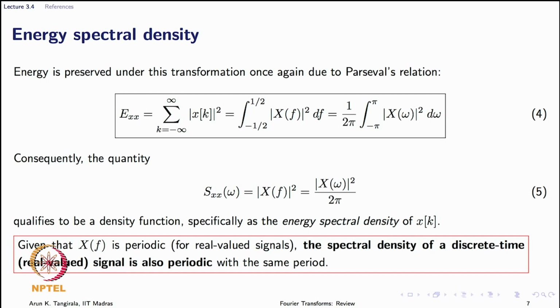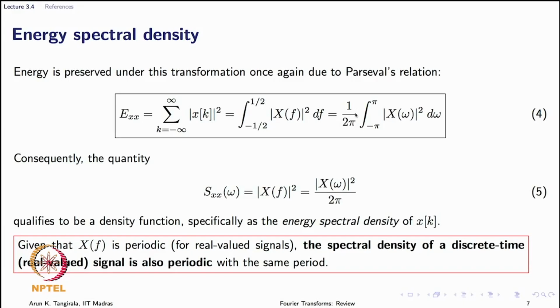As expected, and as also discussed earlier, we have this energy spectral density, which is a very practically useful measure. The area under magnitude square of X of f gives me the energy due to Parseval's relation. And again, notice that I have given expressions in terms of cyclic as well as angular frequency, and the moment you use an angular frequency here, you have a 1 over 2 pi appearing in front of the integral.